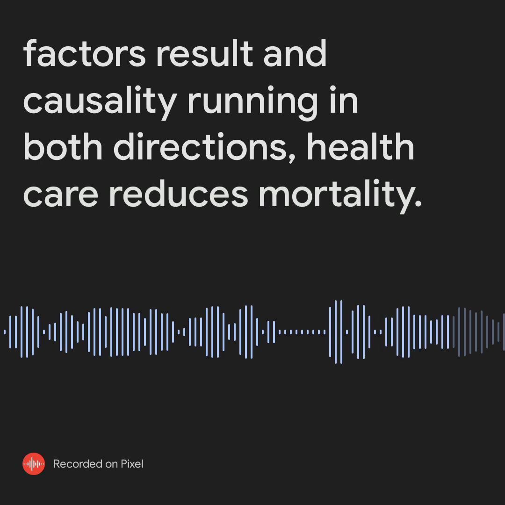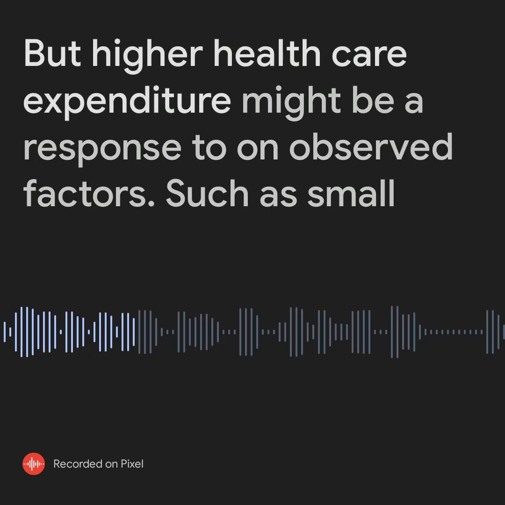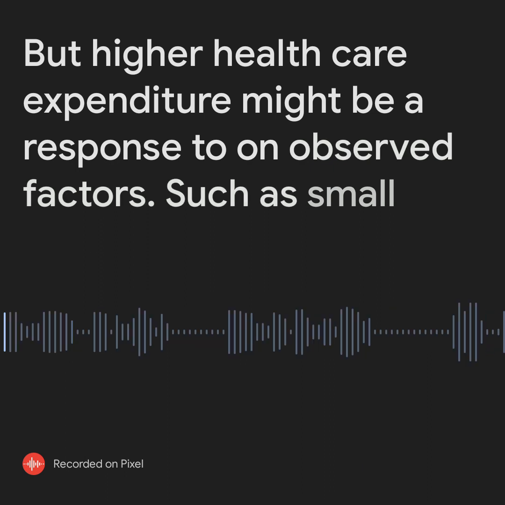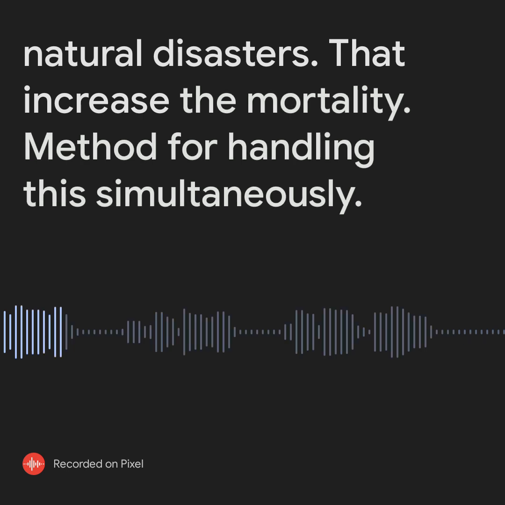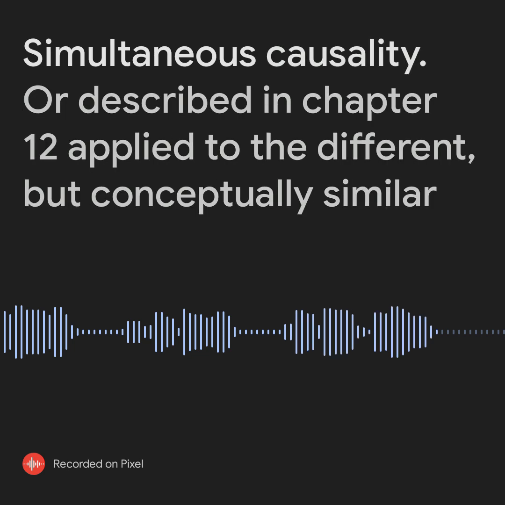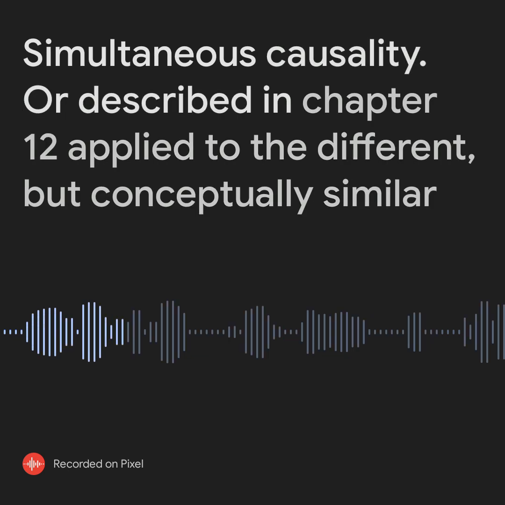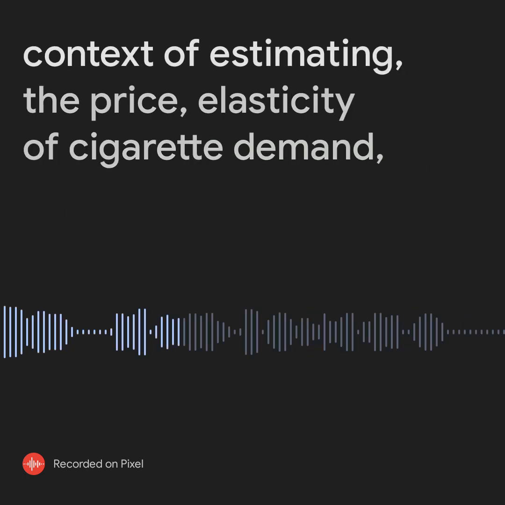Healthcare reduces mortality, but higher healthcare expenditure might be a response to unobserved factors, such as small natural disasters that increase mortality. Methods for handling this simultaneous causality are described in Chapter 12, applied to the different but conceptually similar context of estimating the price elasticity of cigarette demand.